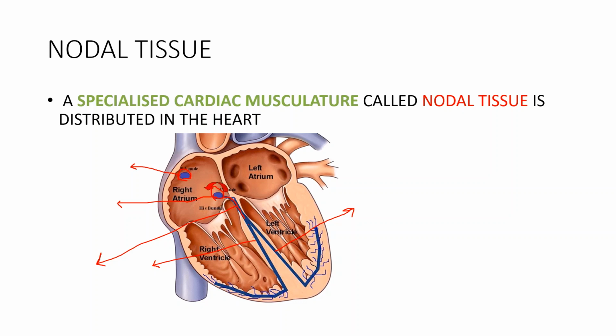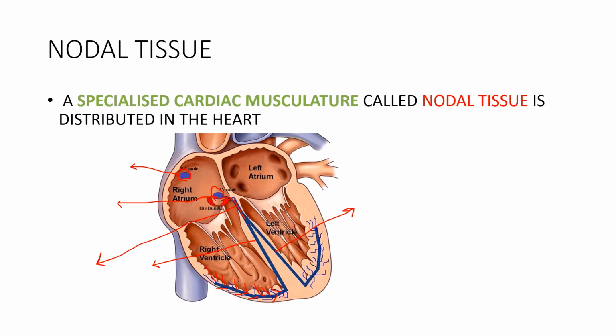The right bundle branch innervates the right ventricular wall, and it contains a number of fibers called Purkinje fibers. We can observe that the right bundle branch contains many branches which innervate the right ventricular wall, called Purkinje fibers.